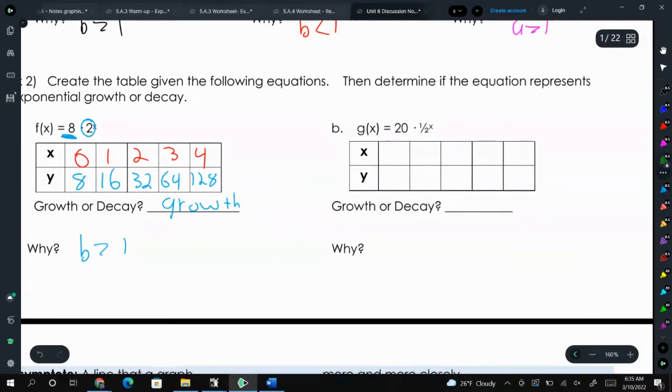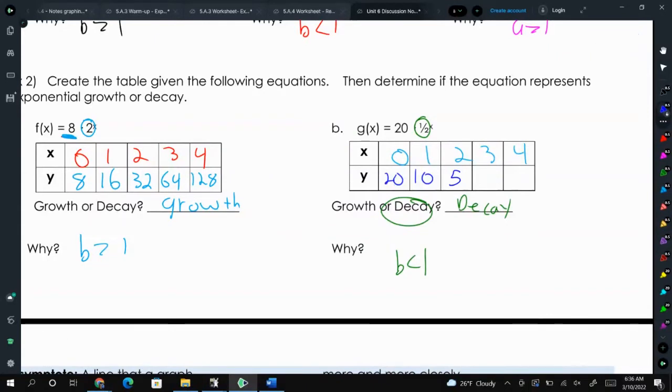Here, you could say that you know that this is going to be decay because our b value is less than 1. Your b value is 1/2. 0, 1, 2, 3, 4. And we start at 20, and then we go down by half each time. So 10, half of 10 is 5. Half of 5, we always want to keep it as fractions as long as possible.